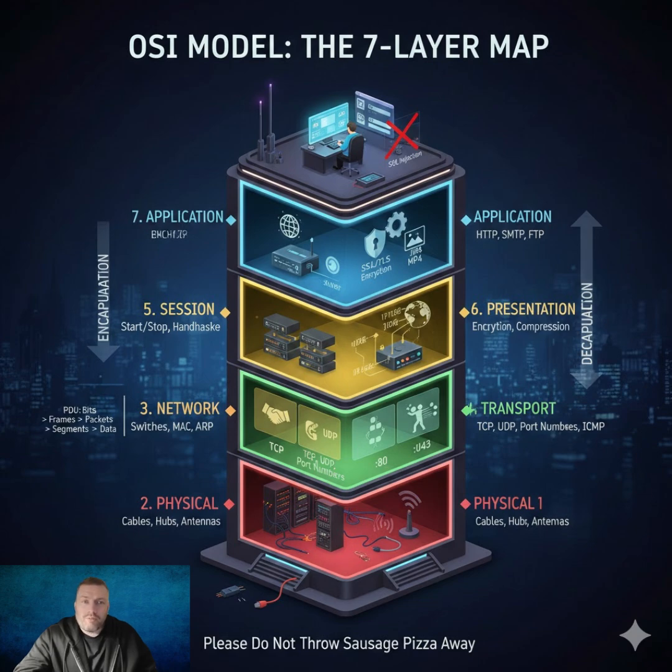Then we're going to go a little bit further up, and this is the engine, layer 4. Layer 4 is the transport layer. This is the how. Are we sending data via TCP? That's the handshake protocol. It's reliable. It checks for errors. Or are we just using UDP?